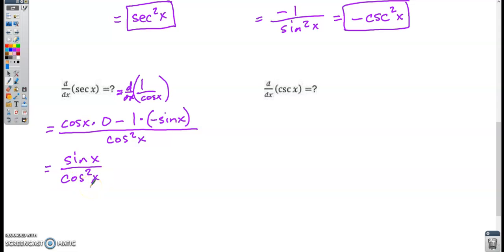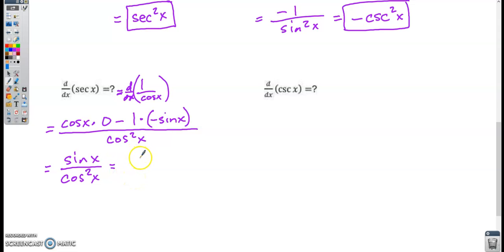And instead of leaving it that way, notice that we've written all the rules so far in terms of, not sines and cosines, but the most simplified, easiest to write trig functions that we can. We're going to do the same thing here, and in order to do that, I'm going to split this fraction up.